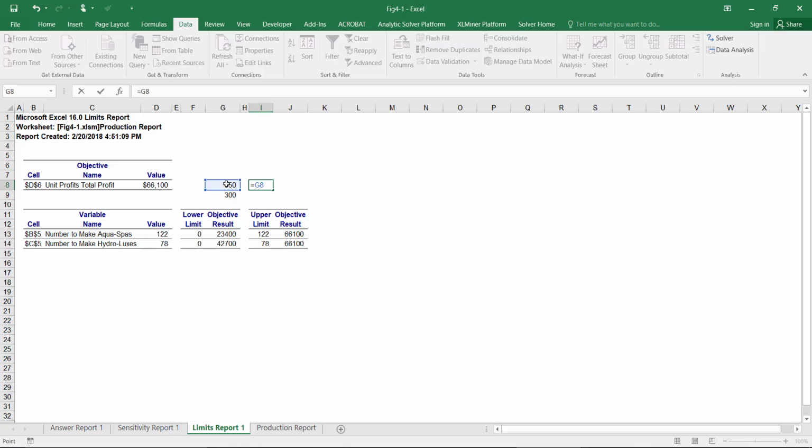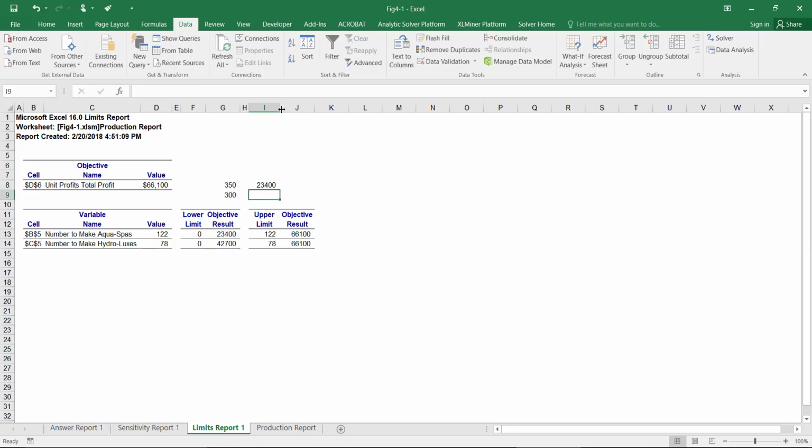So if I multiply this value by 0 and this value by this number, I'm going to get this one. Similarly, you can put 0 for the second decision variable and 122 for the first decision variable, and you are going to get this objective value.